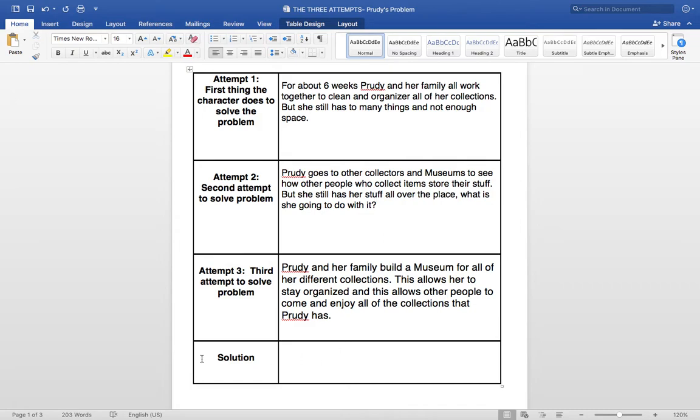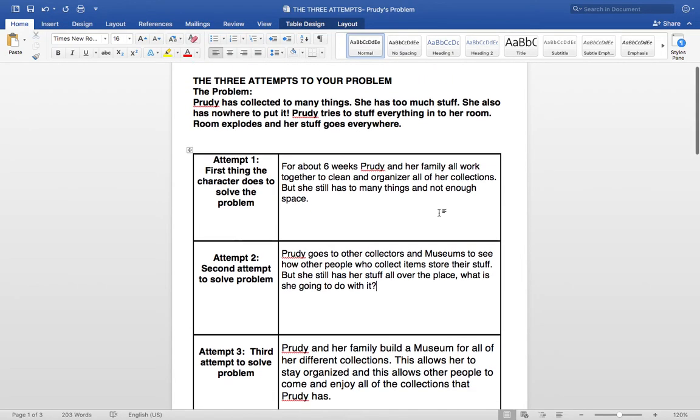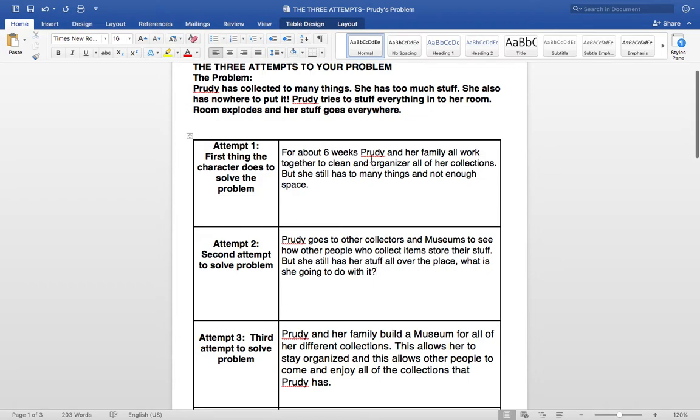Okay? We haven't gotten to the solution yet. That's going to be next week's activities, and that's what we're going to focus on next week, is how to write a proper solution. So we're just going to leave that part blank. Really, what I want us to focus on is how all three of these attempts connect, right? They are all connected to the main problem, and our main problem is that Prudy does not have enough space to put her stuff away, right?